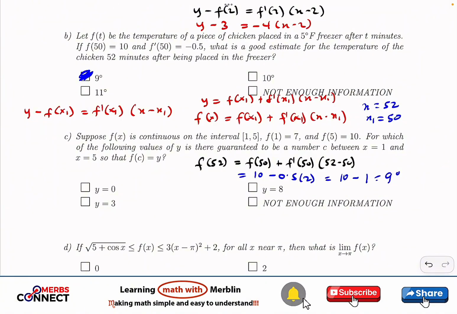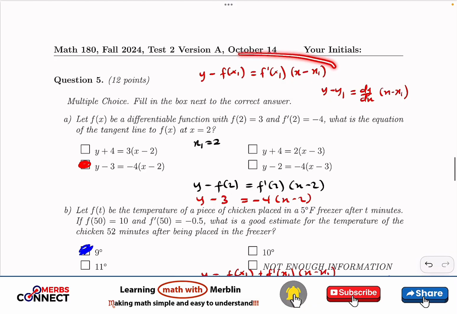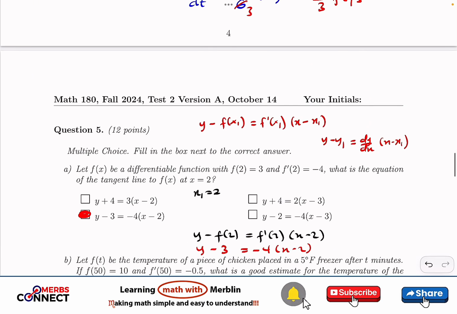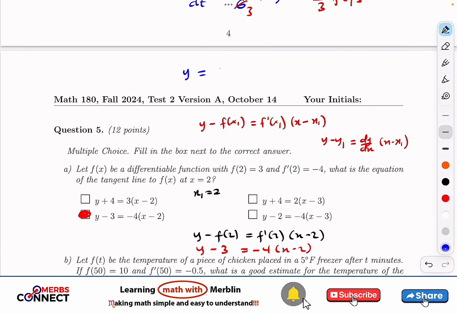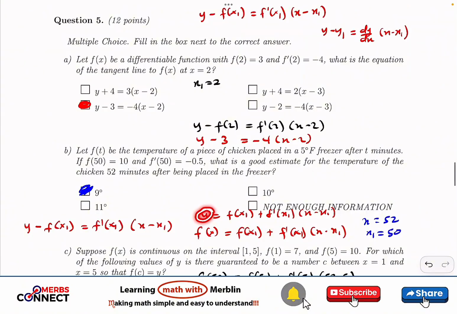So you saw that I used the same idea as the equation of the tangent line, but the only thing that I was changing was my y. My y is also the same as f of x. So don't forget that y is also the same as f of x. So if y is the same as f of x, then I can change this y here to f of x and have it this way.